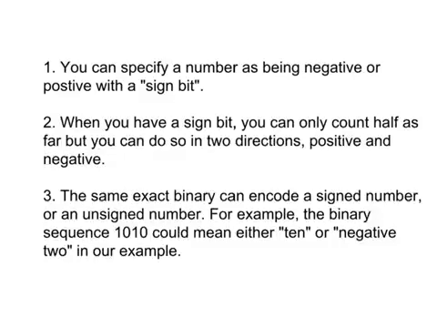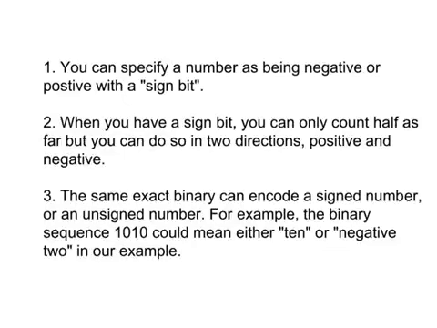And last, the same exact binary can encode a signed number or an unsigned number. For example, the binary sequence 1010 could mean 10, or it could mean -2. Keep in mind, it is up to you, the programmer, to specify how any given binary sequence is going to be interpreted.